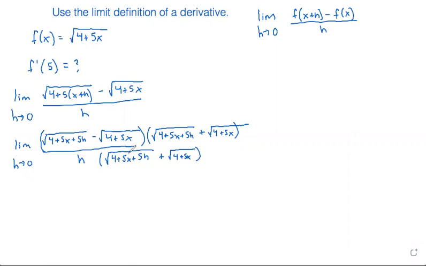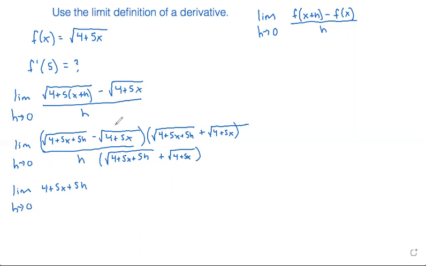Okay. So now when we distribute, the top is like the difference of squares formula, so I'm going to use the difference of squares formula in reverse. The first two terms will be like squaring each other, so it'll just get rid of the square root, giving 4 plus 5x plus 5h, not square rooted because the square roots cancel each other out.